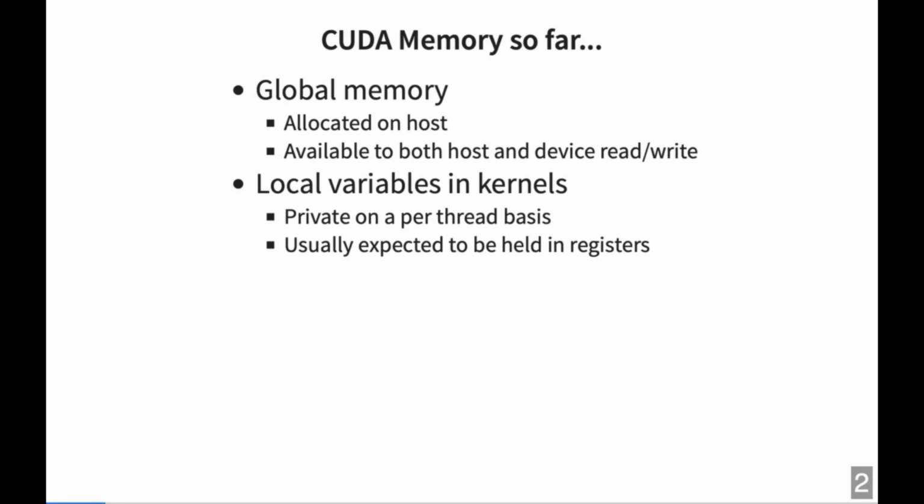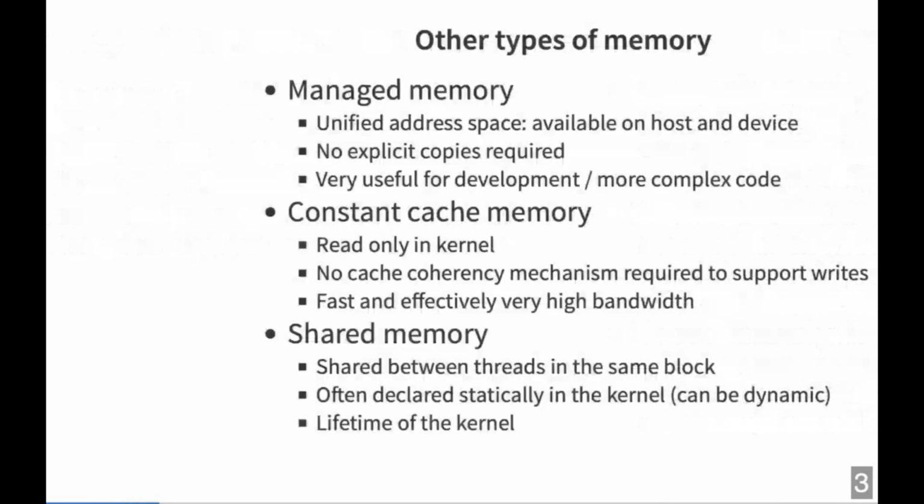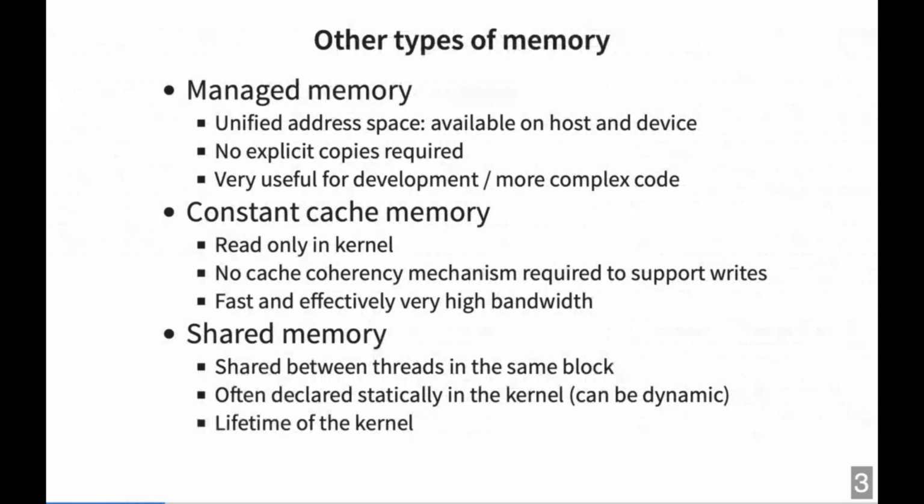So each thread has an independent copy of such variables, and those would typically be expected to be held very close to the compute end, that is in registers. However, there are some other types of memory available in CUDA.